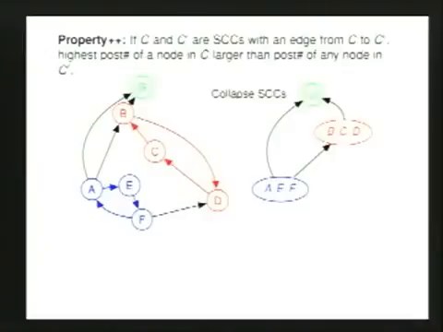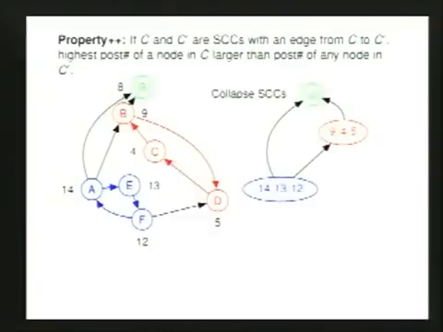That's what the property says. It looks like this. There's an arc from this to this. There's two components and there's an arc from one to the other. That's what C and C prime are. And it talks about post orders, so let's write down the post orders. This is a post order traversal of this graph.